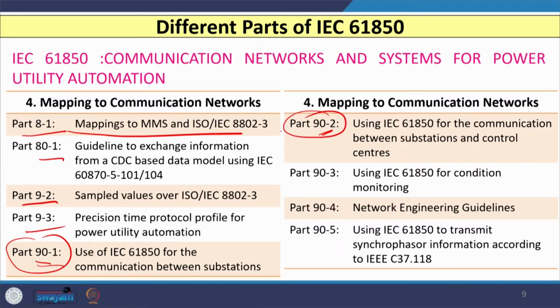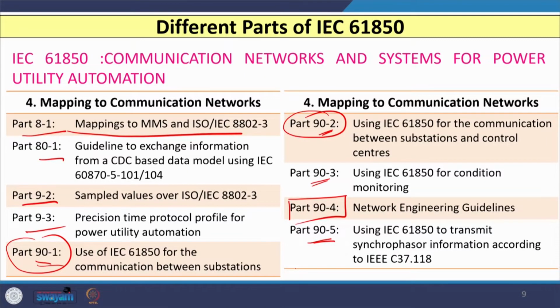In part 90-3, IEC 61850 information related to condition monitoring is given, in part 90-4 network engineering guidelines for network engineers are mentioned, and in part 90-5 how 61850 is used to transmit synchrophasor information according to IEEE 37.118 is elaborated.